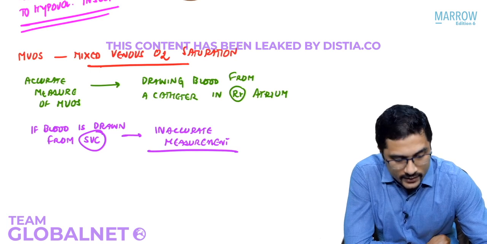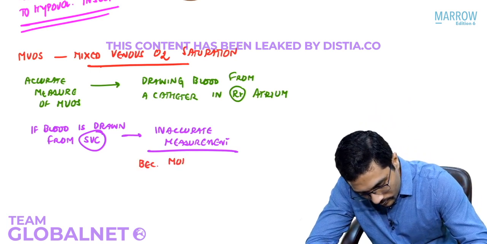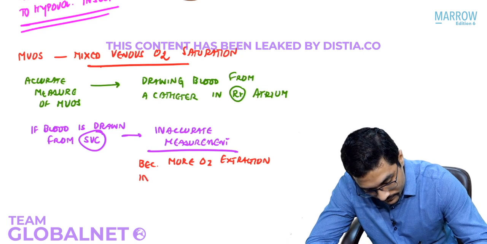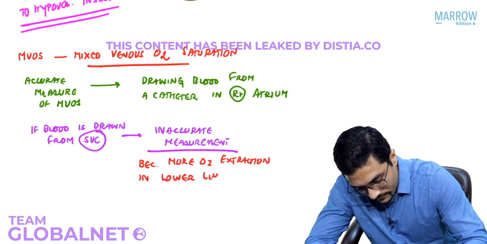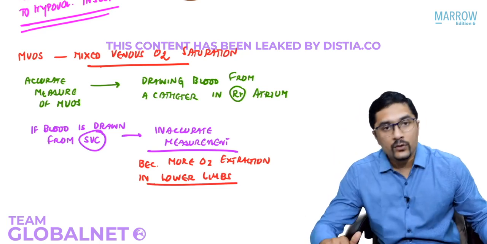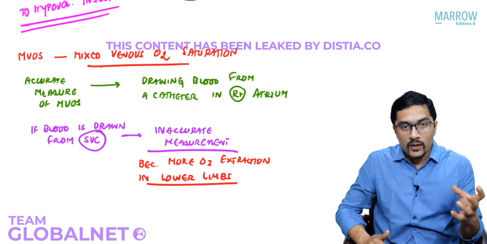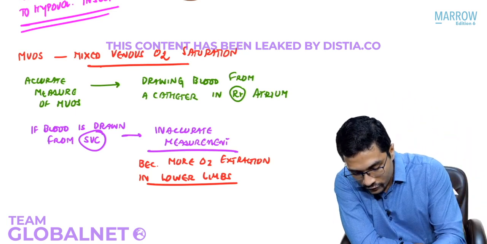Because more oxygen extraction occurs in the lower limbs, so you will get a falsely high value, because more extraction is happening from the lower part of the body. So for accurate measurement, it should be from the right atrium.